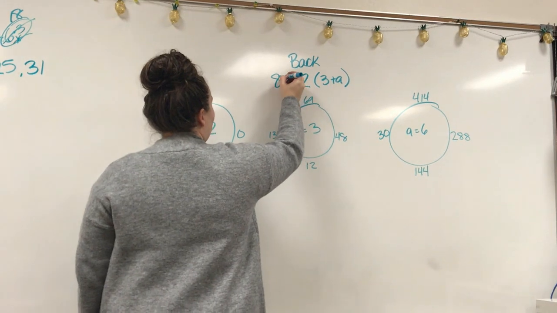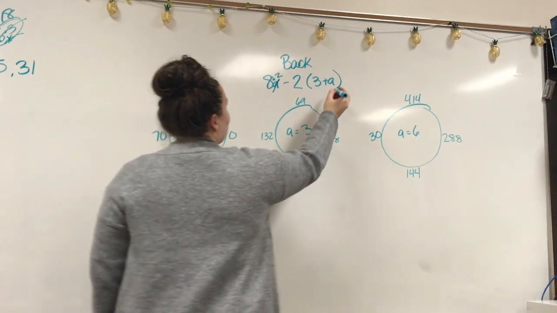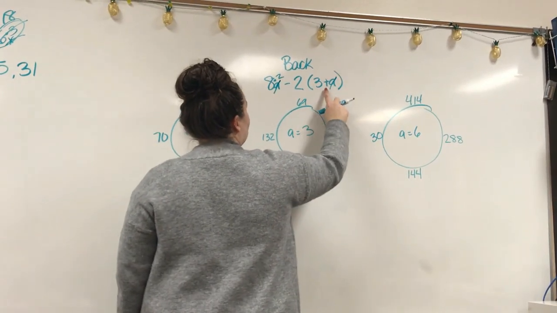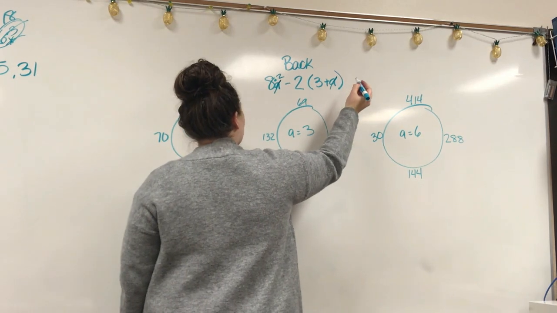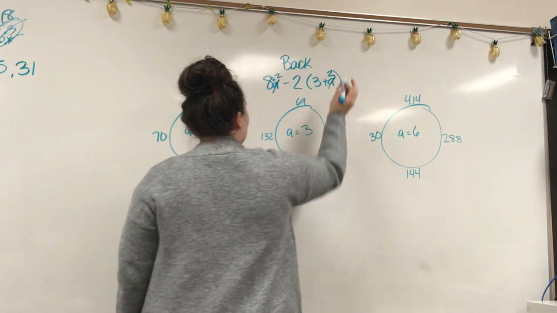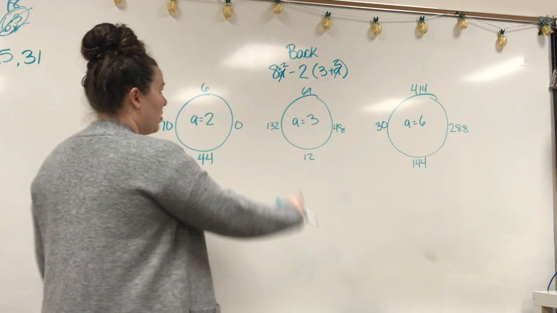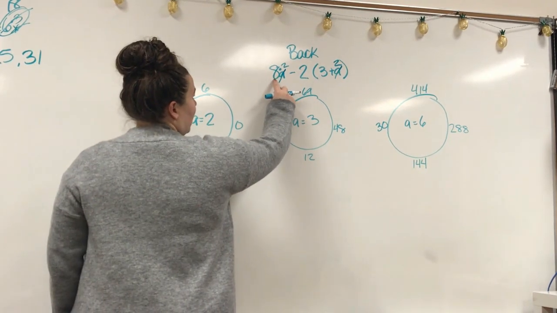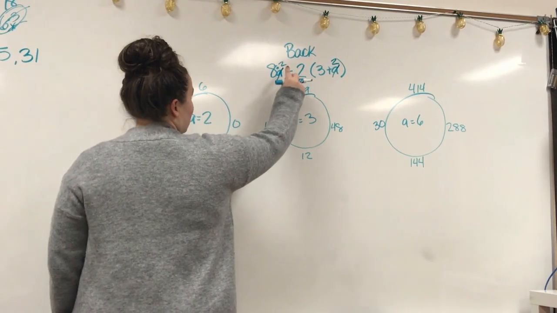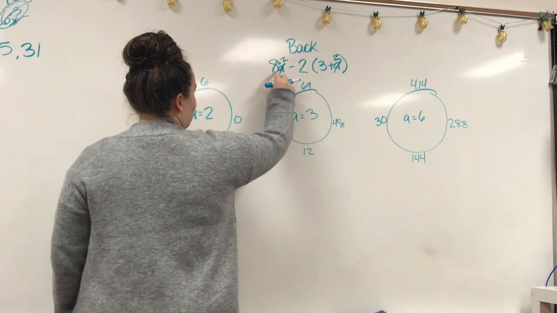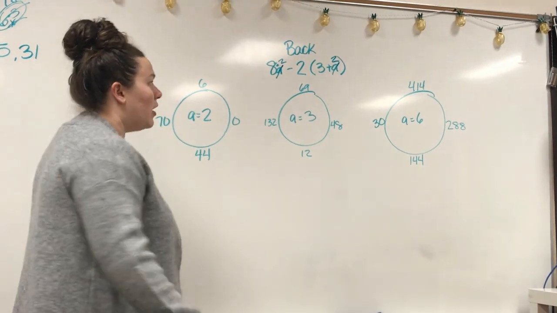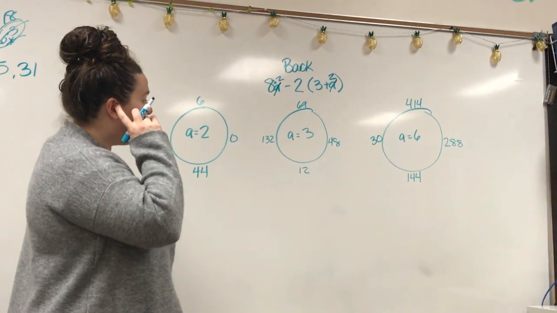So I'm going to mark this out, and I'm going to put times 2. I'm going to mark this A out, and since it already has a plus sign, I don't need to put a multiplication. I just need to change it to the number 2. Remember, you put a times 2 if a number is touching a letter, because that means multiply. And then you just follow PEMDAS, okay?